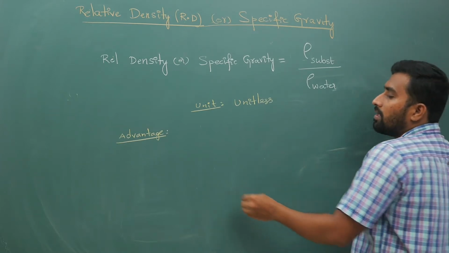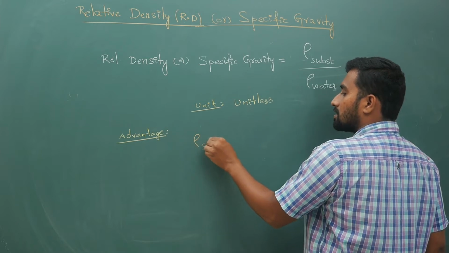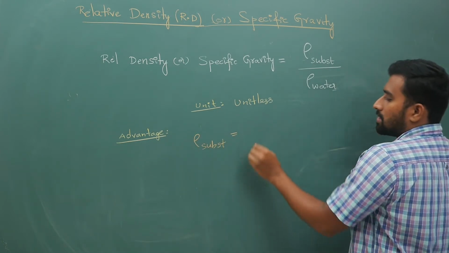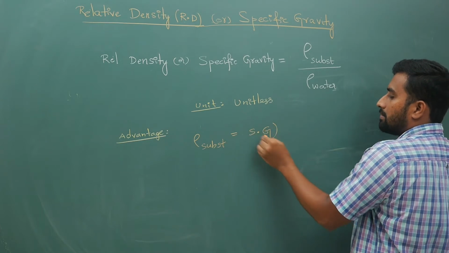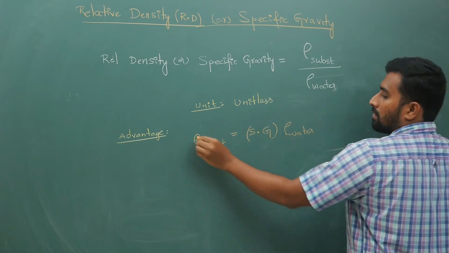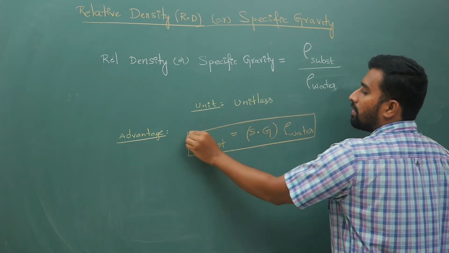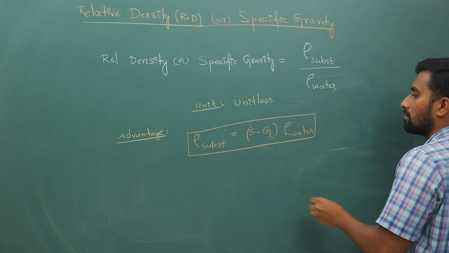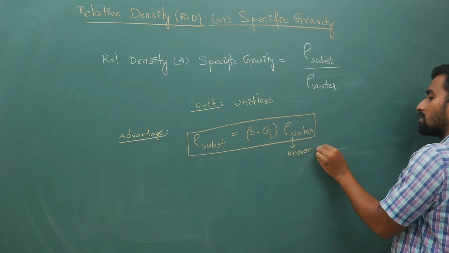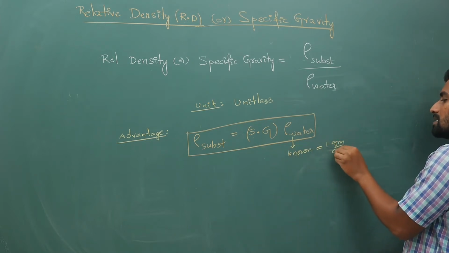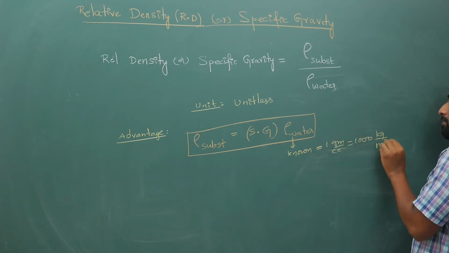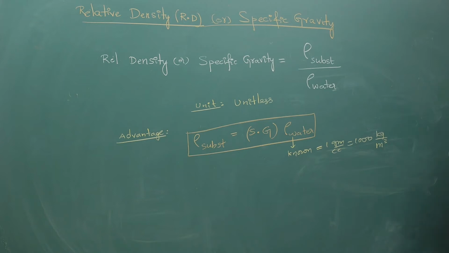Now if you want the density of substance, it is specific gravity times density of water, and your density of water is known. It is known, 1 gram per cc, or 1000 kg per meter cube.